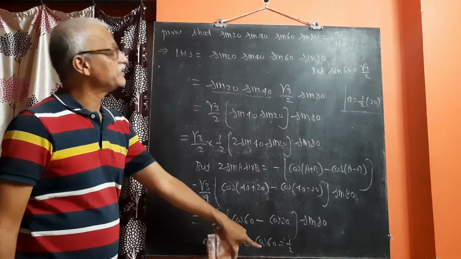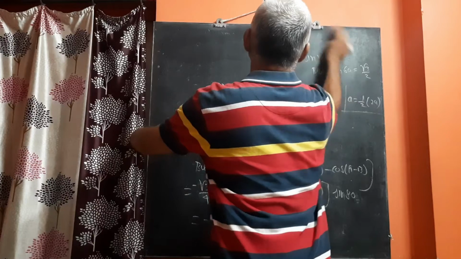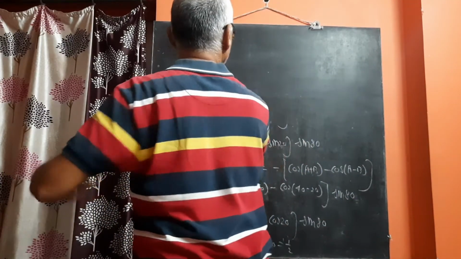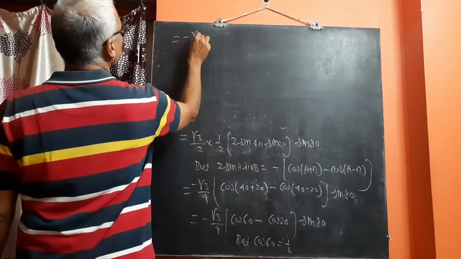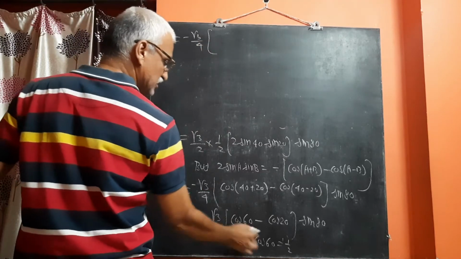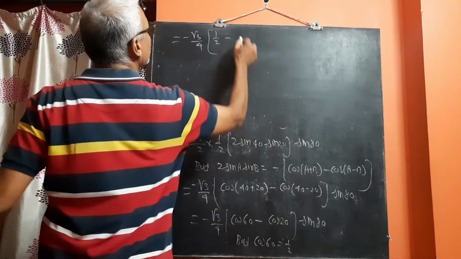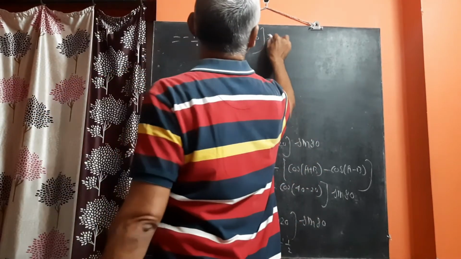Substituting the value of cos 60 equals 1 by 2 here, we will get minus root 3 by 4 into, in brackets, 1 by 2 minus cos 20, into sin 80.